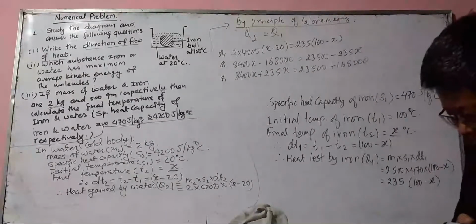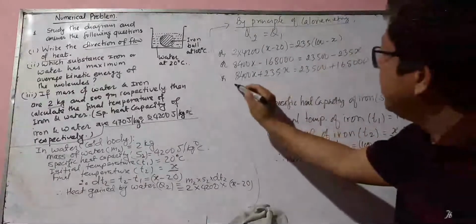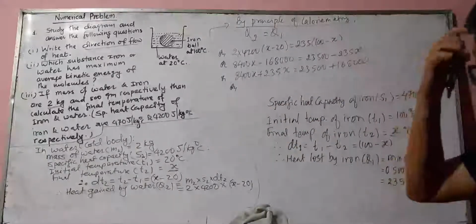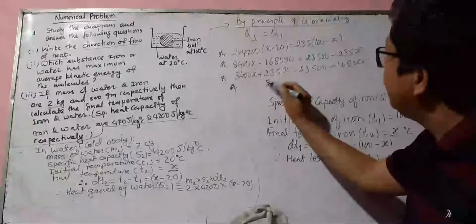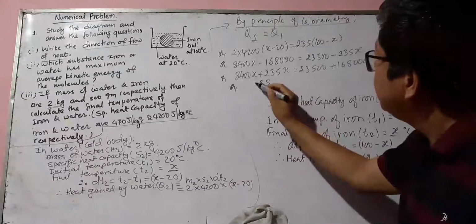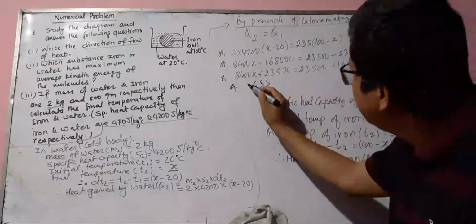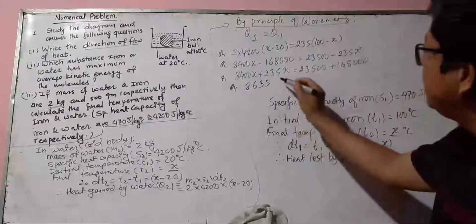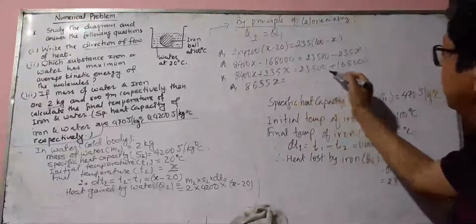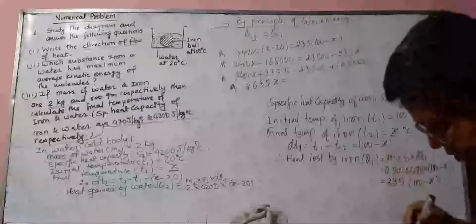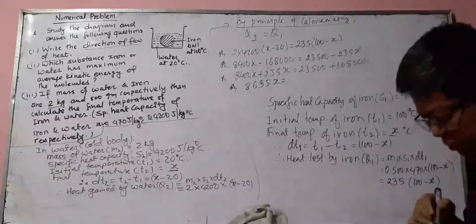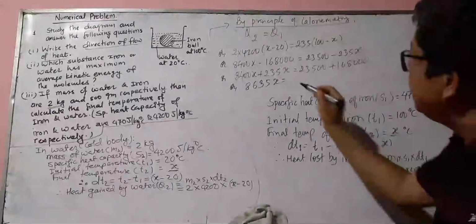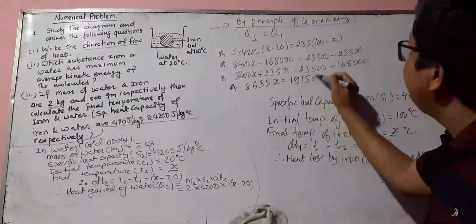The total of the X terms becomes 8635X, equal to the sum, which is 191,500.